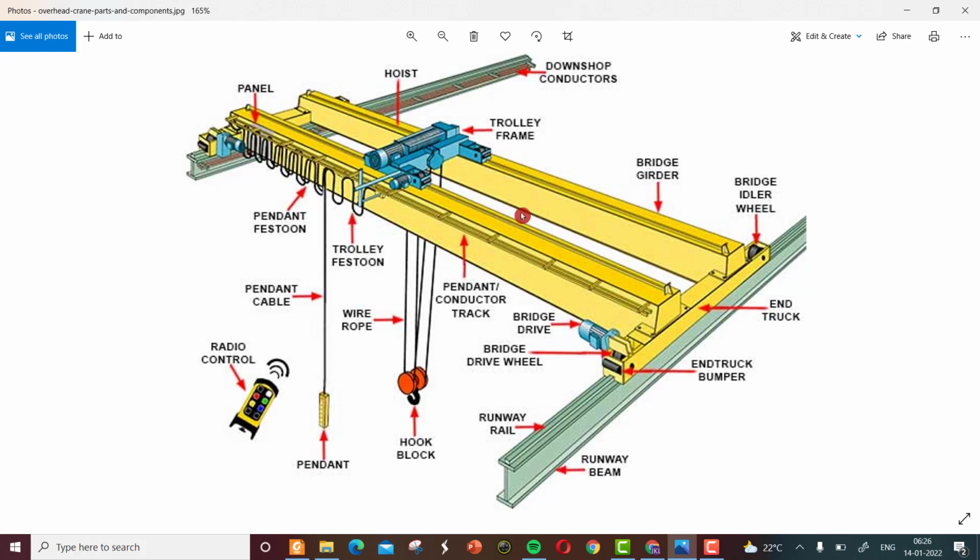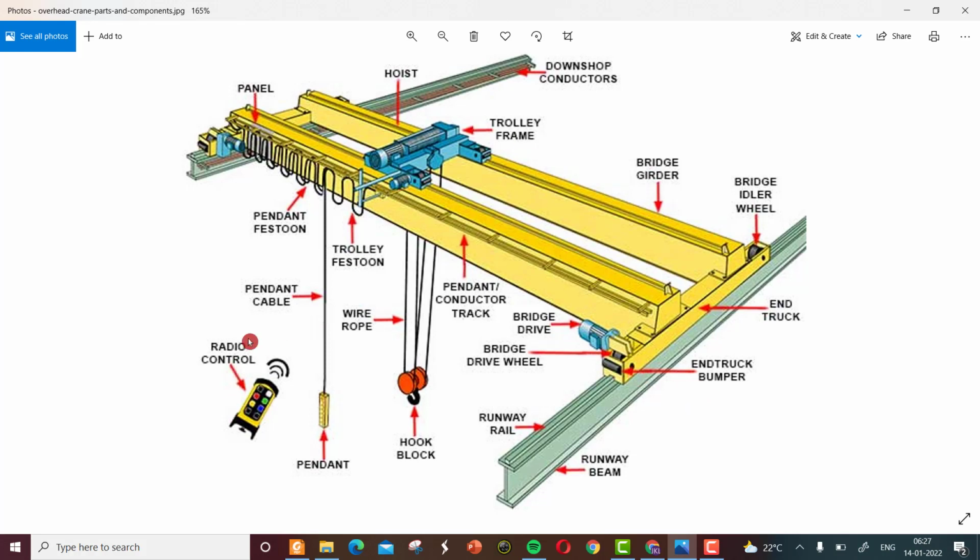Also, due to the movement of the crab along the length of the bridge girder, there will be a lateral thrust on the gantry girder. So this additional longitudinal and lateral thrust and these heavy loadings make the gantry girder design a challenging one.